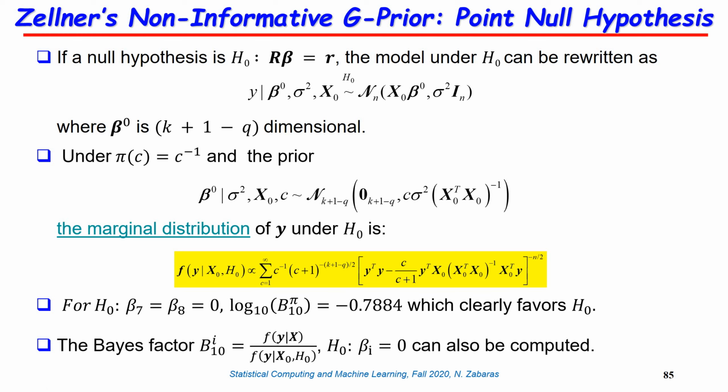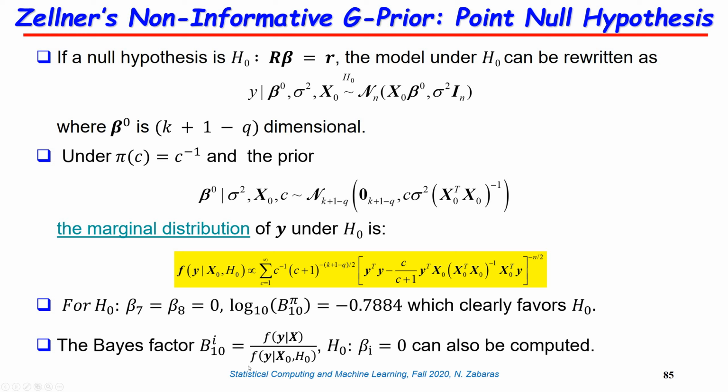So what I'm going to do is use this particular model where my constraint keeps one variable out of the model. For example, my hypothesis H0 will be that beta I is equal to 0.